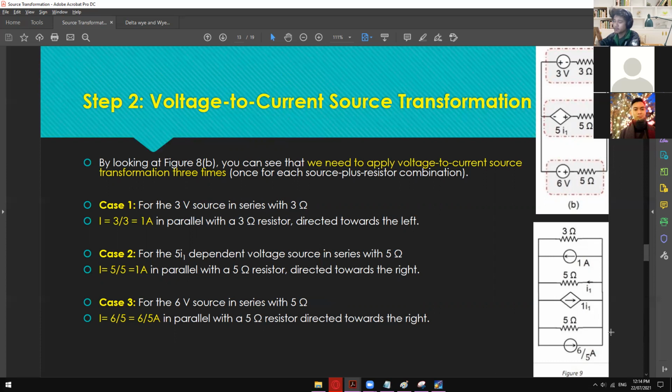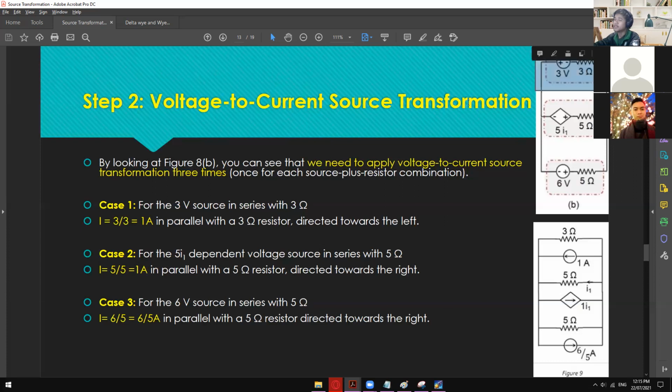The same direction will be added, and opposing directions will be deducted. Again, we have the same rule: whichever is the higher current is your first operand, and whichever is lower is your second operand. There is no way we're going to have a negative flow of current in source transformation. It is always the higher current minus the lower current.